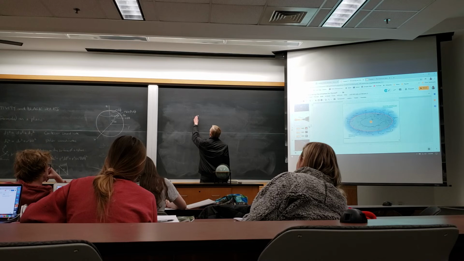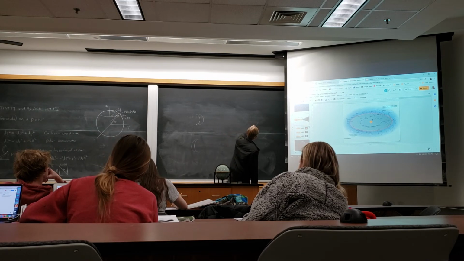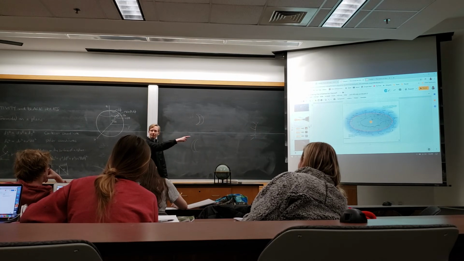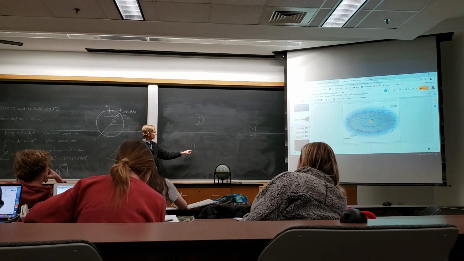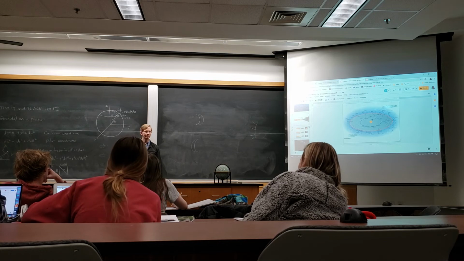So, which of these could be correct? I could see a crescent moon that looks something like that, or I could see a crescent moon that looks something like that, given that the sun is over there on the right, because it's setting over there. It's got to be this top one, right?